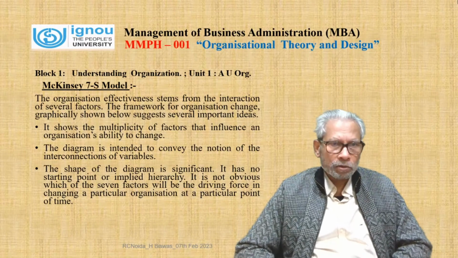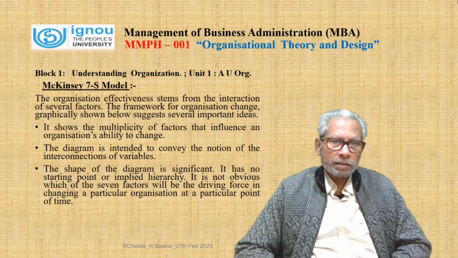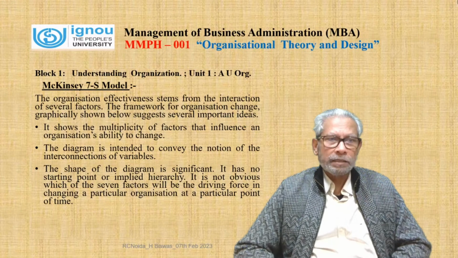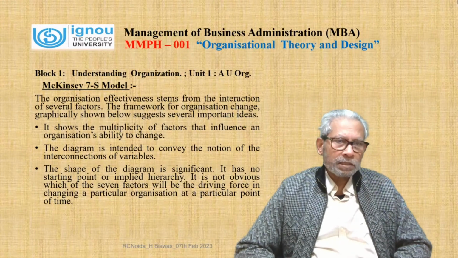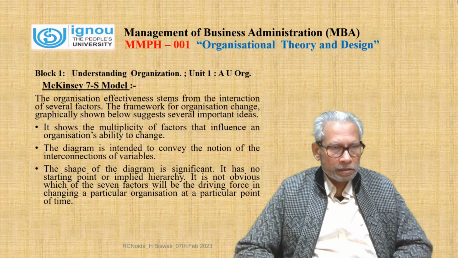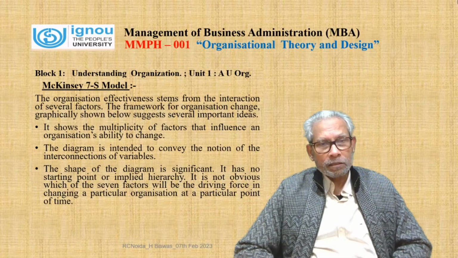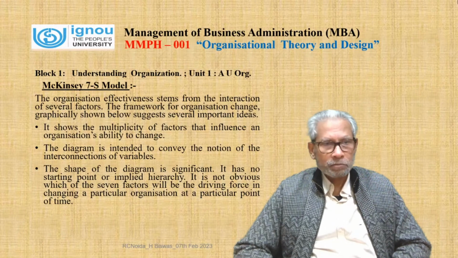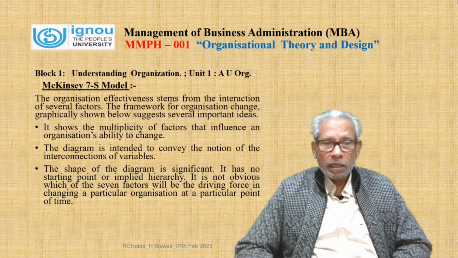After that, I will show you some of the graphs. It suggests several important ideas. It shows the multiplicity of factors that influence an organization's ability to change. The diagram is intended to convey the interconnections of variables.